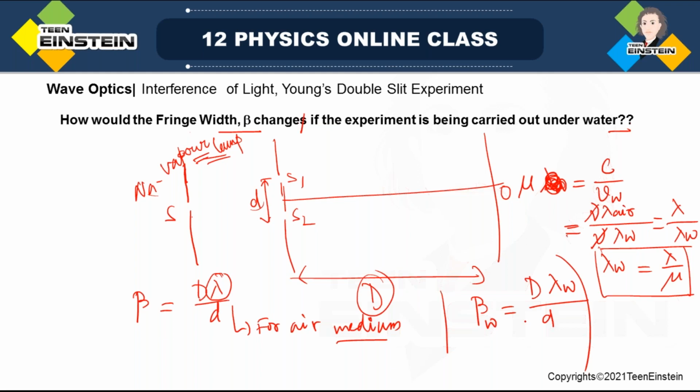That means you have to replace lambda with lambda by mu. The wavelength of the light in the air will be given, and the refractive index of the water also will be given, so you can just simply write this.